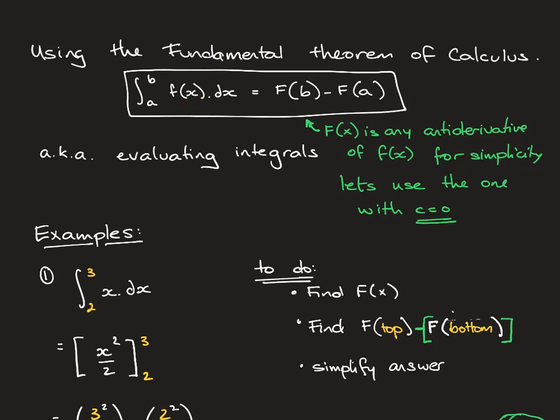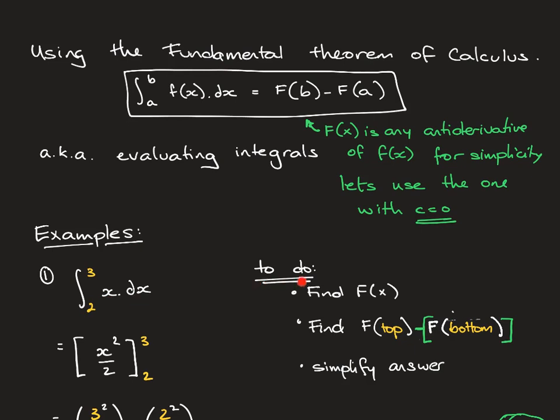And so for simplicity's sake, we're just going to use the antiderivative with c equal to 0, so we don't have to include a plus c with any of our antiderivatives. Okay, so let's have a look at an example here. We're going to integrate between 2 and 3 the function f of x dx.